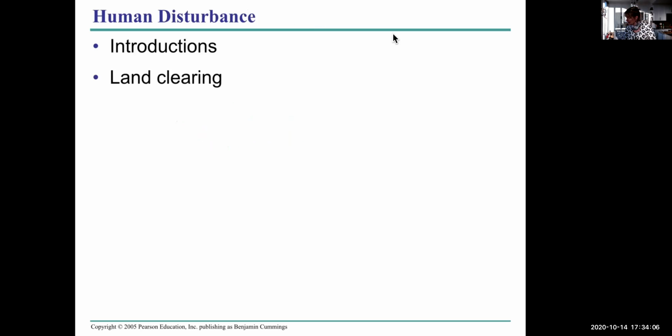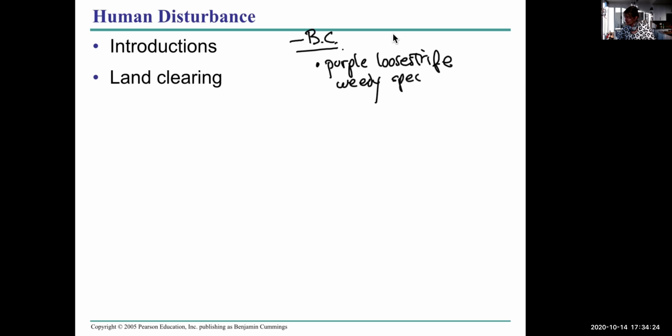Some examples of human disturbance are introductions. So in British Columbia, there's many introductions of different species. One of note is purple loosestrife. That is a weedy species, and it's invasive.